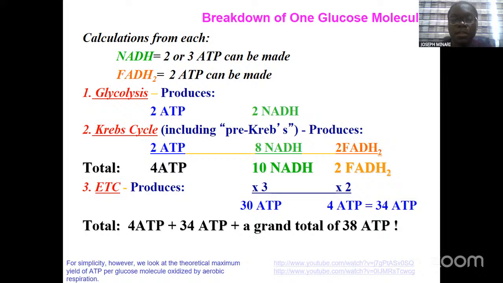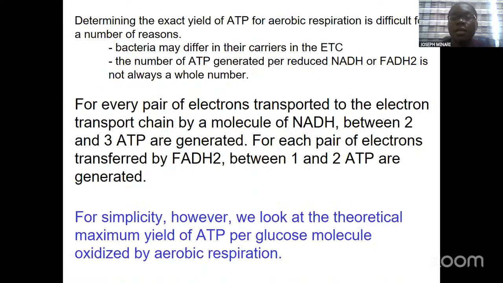And in some cases, we have a situation whereby the electron transport chain produces 34, in addition with the 4 produced by the glycolysis and the Krebs cycle, giving a total of 38 ATP. So this is the overview of that very breakdown from glycolysis down to the electron transport chain.